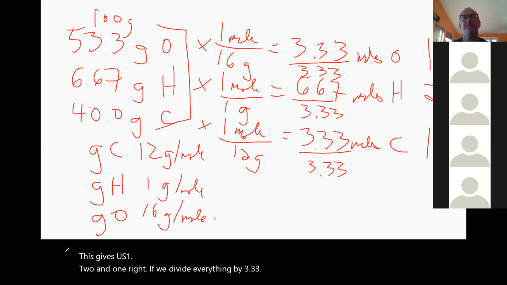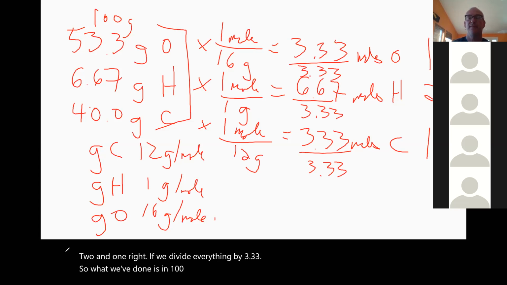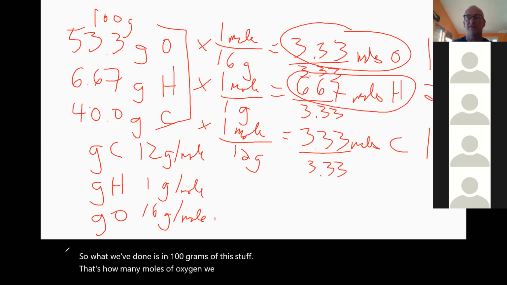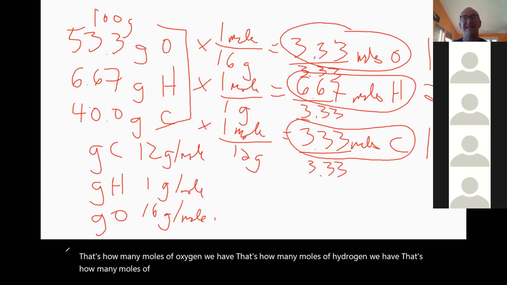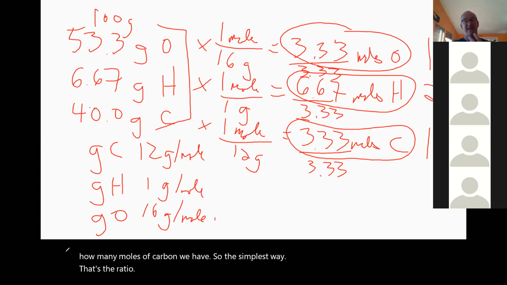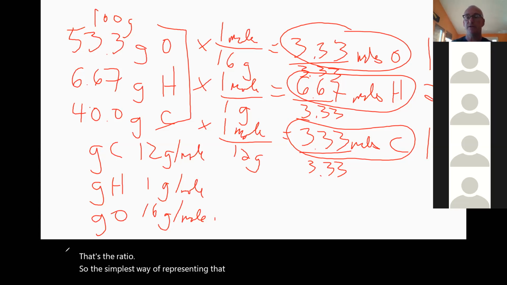So what we've done is, in 100 grams of this stuff, that's how many moles of oxygen we have. That's how many moles of hydrogen we have. That's how many moles of carbon we have. So that's the ratio. The simplest way of representing that ratio is 1 to 2 to 1.